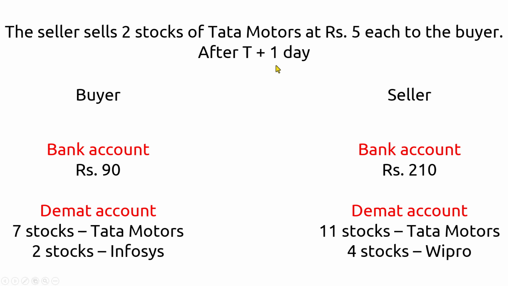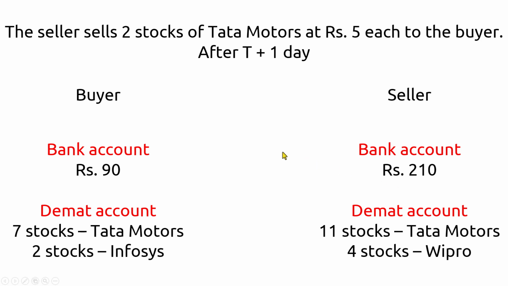Okay? Next, when we say that the bank account of the buyer reflects 90 rupees, it is not actually 90. And when I say that the seller's bank account reflects 210 rupees, it is not actually 210 rupees.